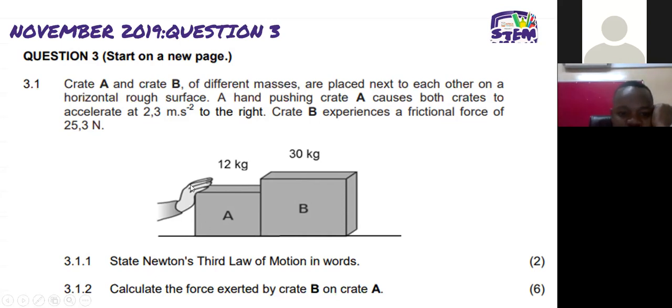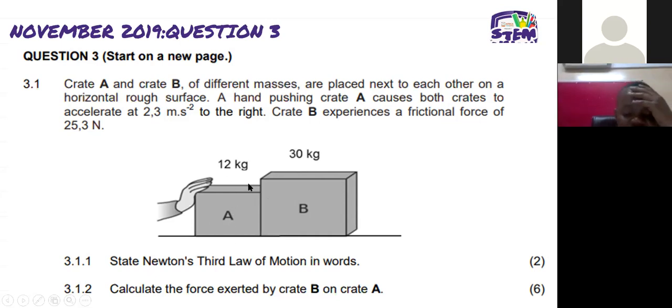So that particular hand is pushing A, right? And that A pushes B, and hence we say A is exerting a force on B. And also, B will be exerting a force on A. So, the force that A exerts on B is our action force. And the force that B exerts on A is a reaction force.